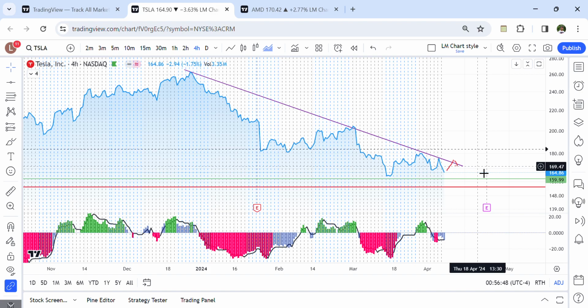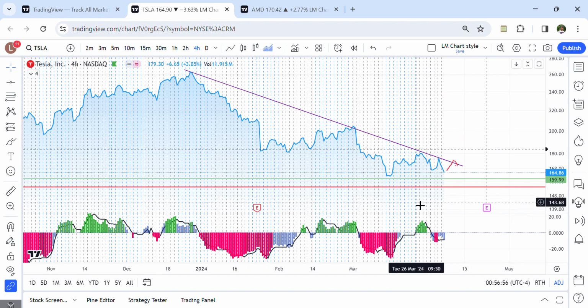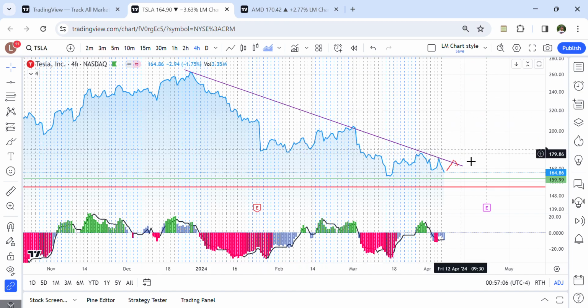So we can discuss these points in upcoming days, and maybe I will post another result video of this analysis. I have done analysis for 3 stocks, AMD, Microsoft and Tesla. Okay, so this was the analysis of how you can draw trend lines.